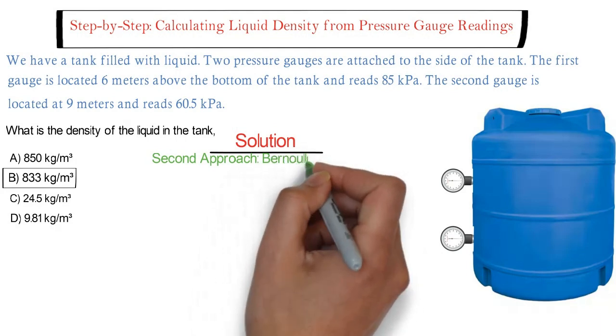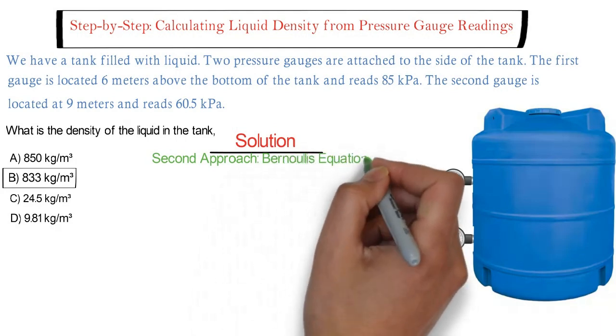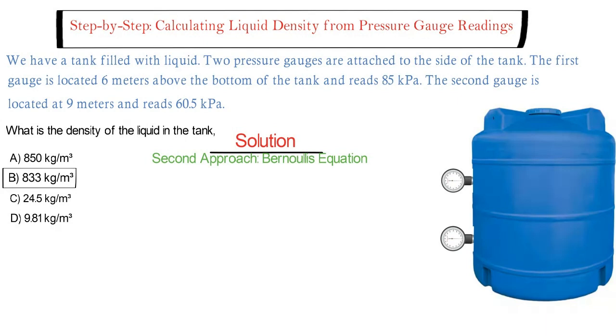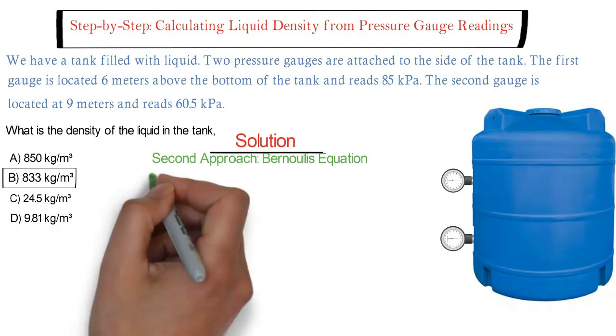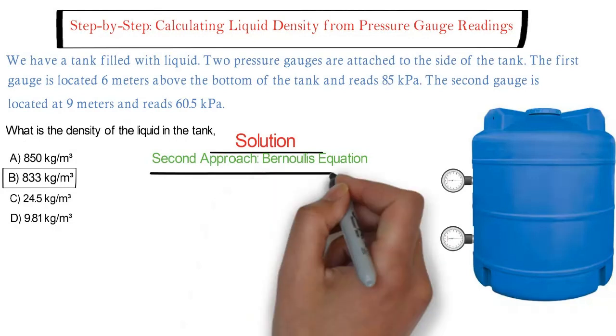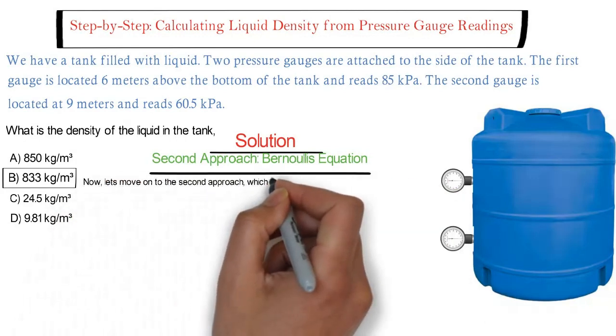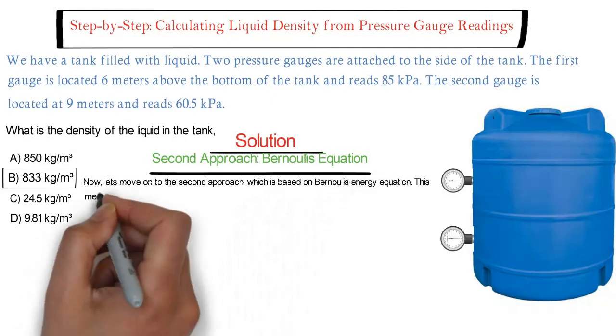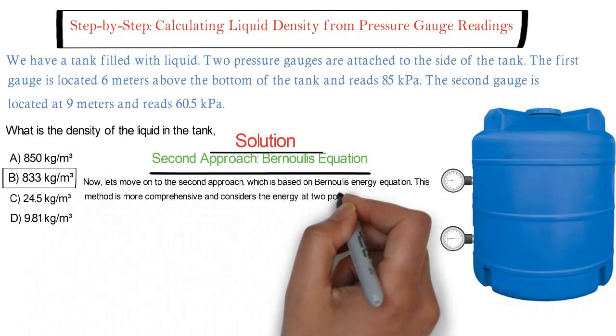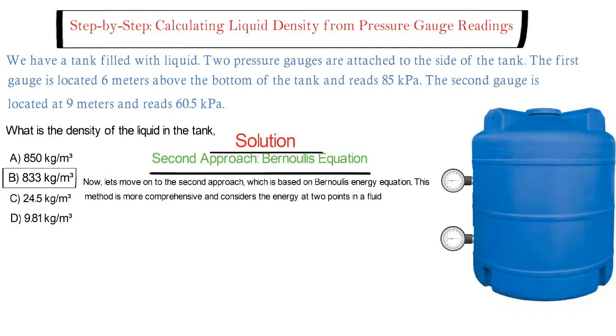This method is a little bit more comprehensive, and considers the energy at 2 points in the fluid. And here we didn't have any movement of the fluid, it's in a static state, because the fluid is at rest in the tank.